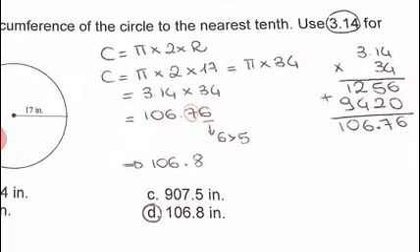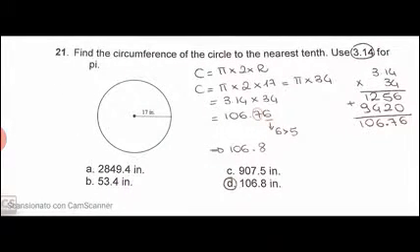If we make the multiplication, we have 106.76. We want to round to the nearest tenth. The hundredths digit is the 6. 6 is bigger than 5, so we add 1 to the 7. So it is equal to 106.8. So the answer is D.